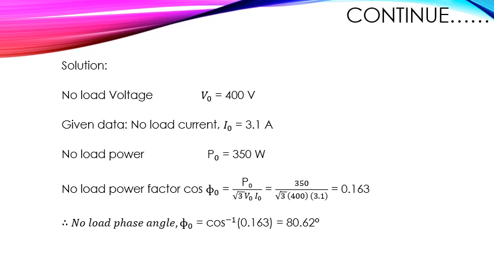So put those values, and we'll get the no load power factor as 0.163. Then using that find out the no load phase angle. So take the cos inverse of 0.163. So the no load phase angle is 80.62 degree.